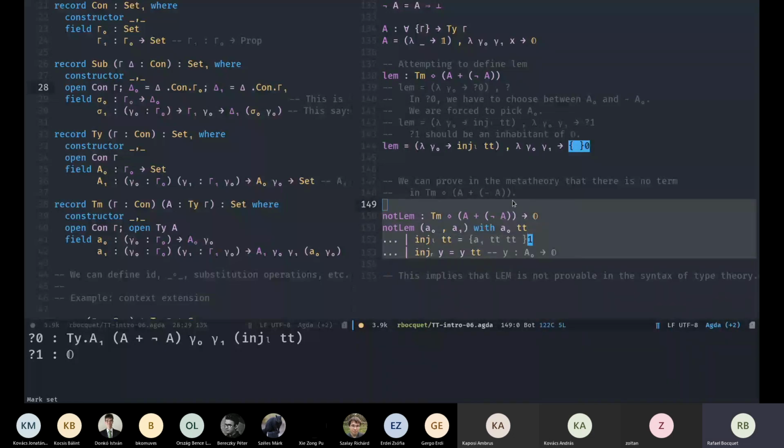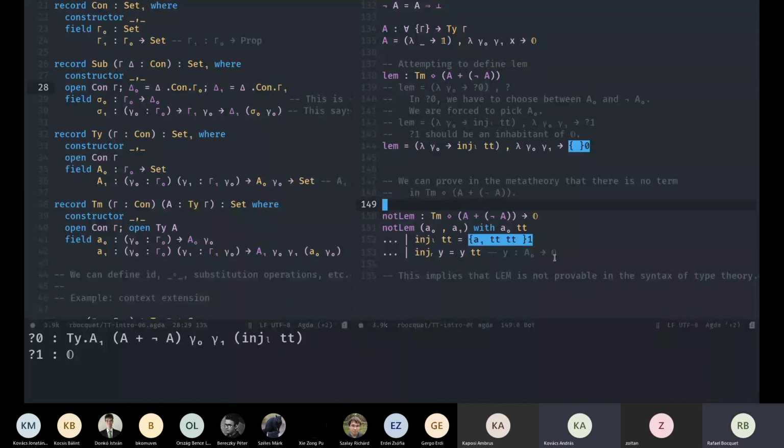Okay, so what should we do now? One thing that we can do is to look a bit more generally at presheaf models. What about parametricity?